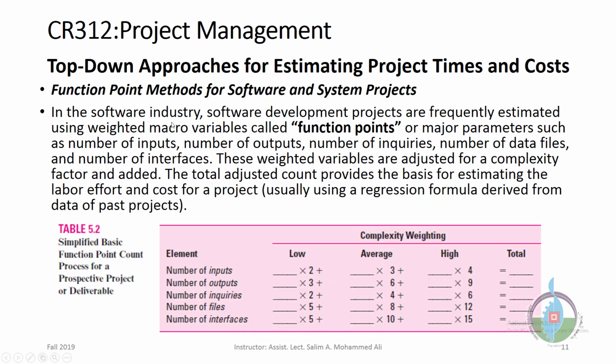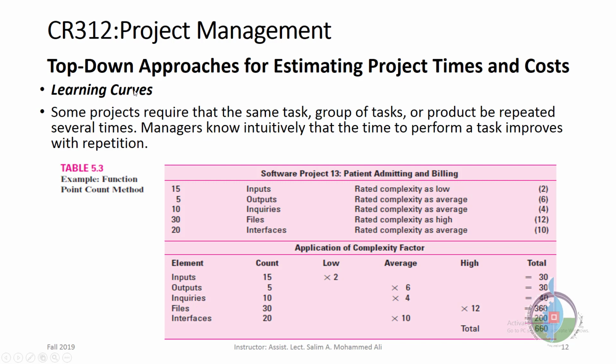Okay, the fifth type of top-down approach is learning curve. Sometimes projects require that the same task or a group of tasks or projects be repeated several times. Managers know intuitively that the time to perform a task improves with repetition. So we know if a company has done similar projects for like 5-10 times, they can sketch a learning curve from that.